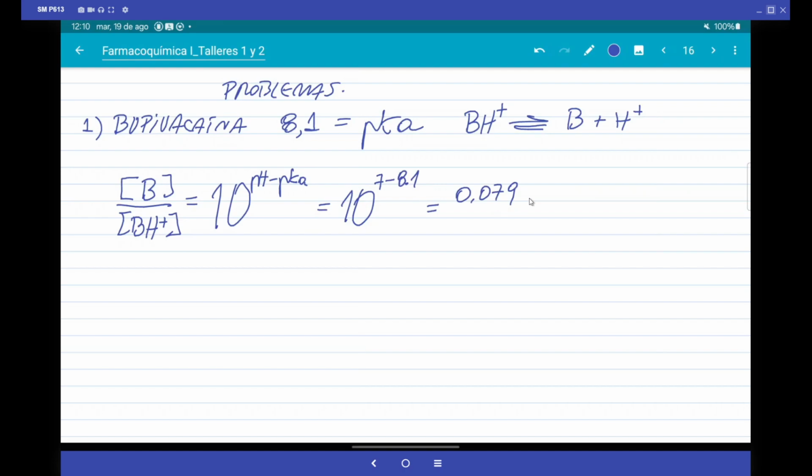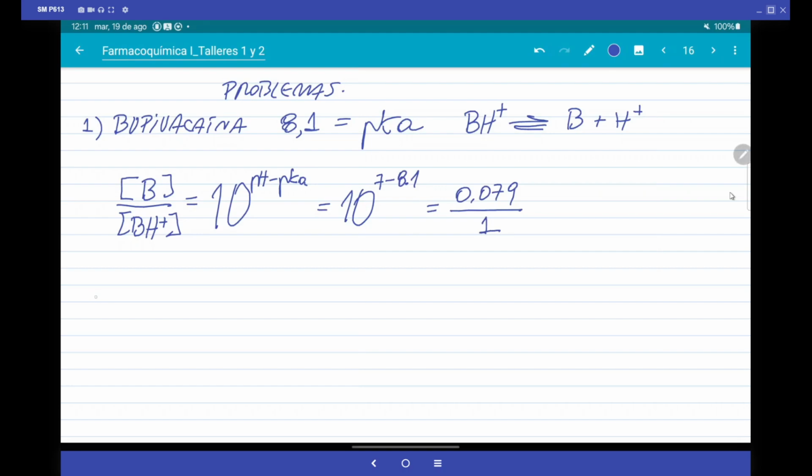Because conceptually speaking, for each ionic molecule there is 0.079 neutral molecules. But that is not the degree of ionization, because I only reached a certain proportion, and from there we have to come to say there is so much percent ionized. We will have to transform that now in the following way.